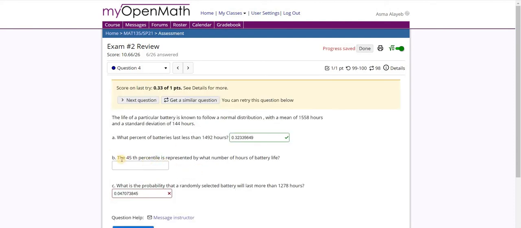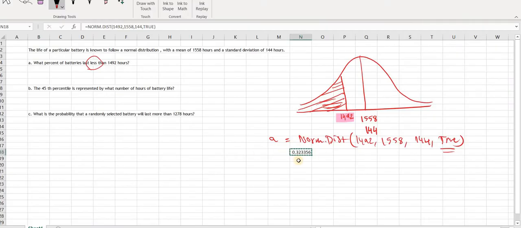For the second part, the 45th percentile is represented by what number of hours of battery life? We know that percentile is defined by the amount of data below it, not the amount of data above it. When we say below and above, we mean less than or greater than.